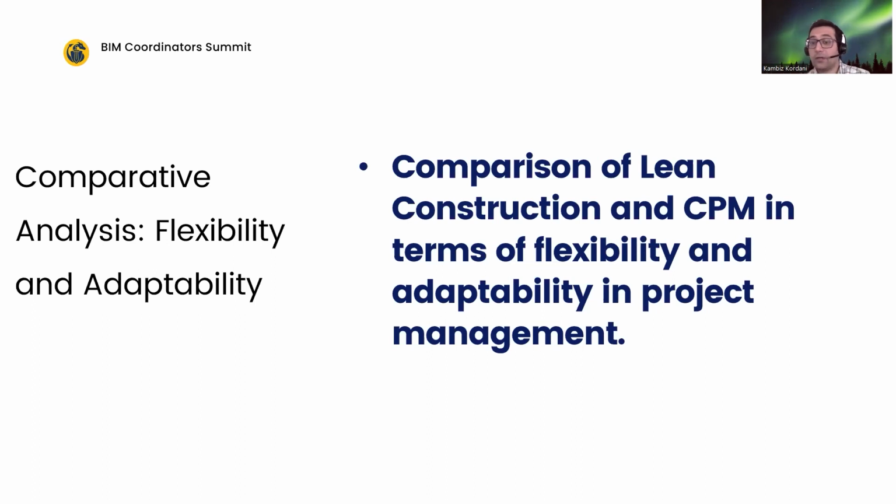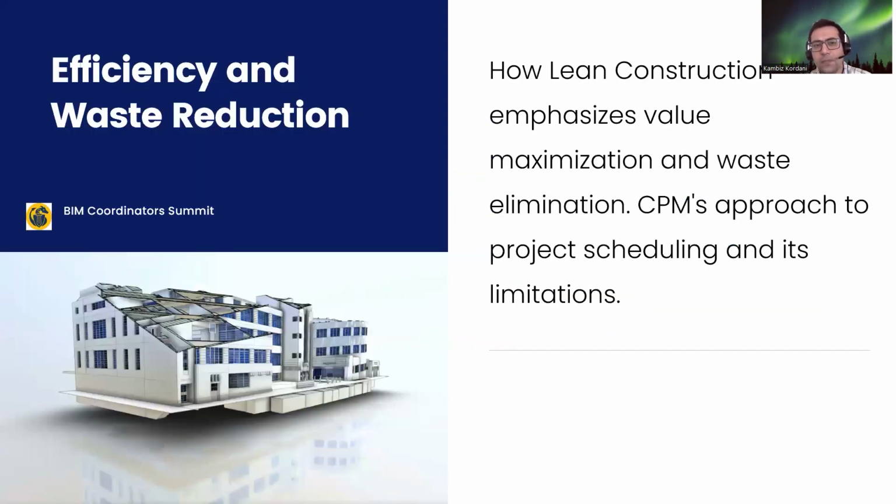On the other hand, the critical path method requires significant effort to update the entire project schedule for every change, making it less agile in response to project dynamics. Another difference is efficiency and waste reduction. The cornerstone of lean construction is its focus on value maximization and waste elimination, not just in terms of materials, but also in time and labor.